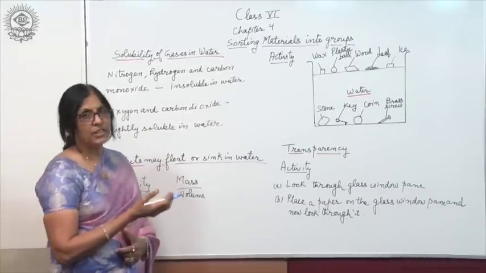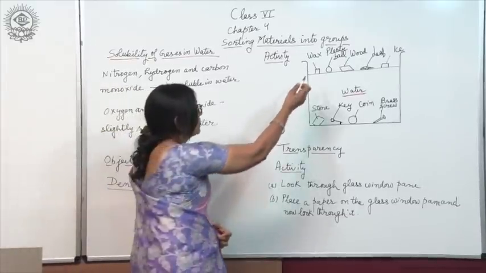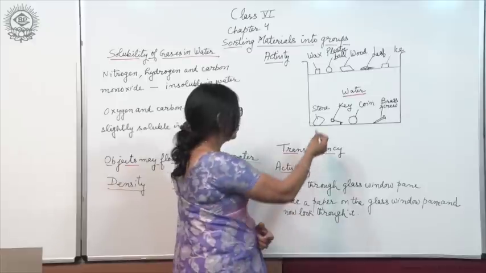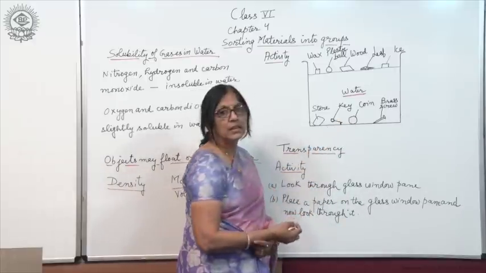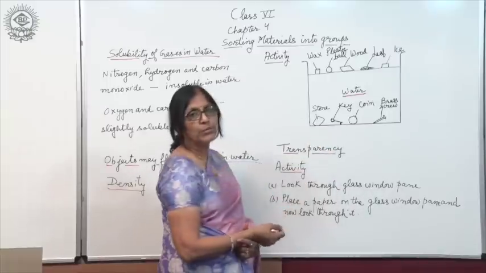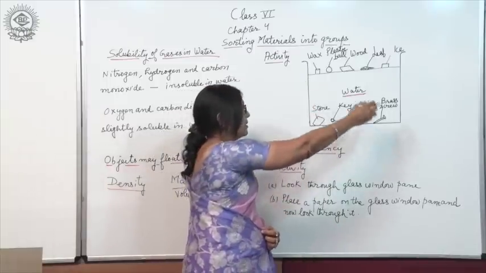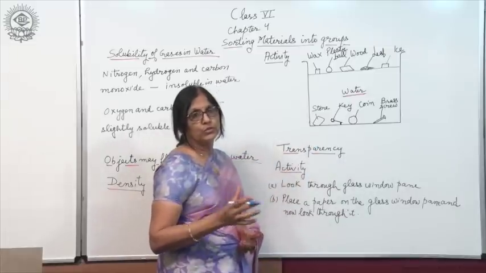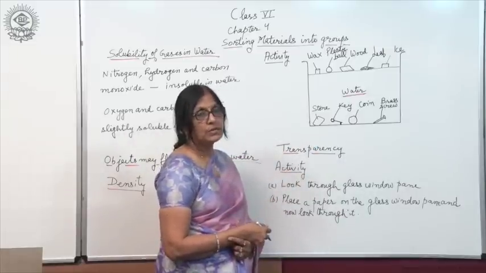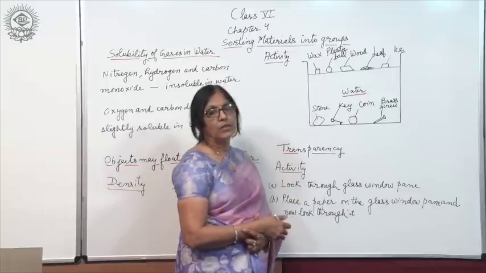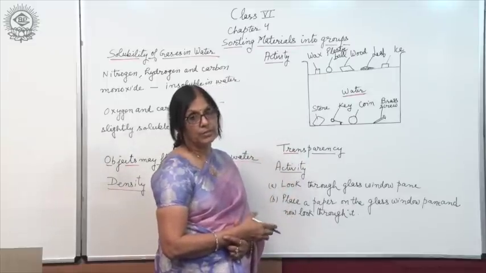You can collect anything like wax, plastic ball, wood, leaf, ice and stone, key, coin and any screw made of any metal, and then take a fairly big bowl filled with water, and now put all these objects in the water and observe what happens.